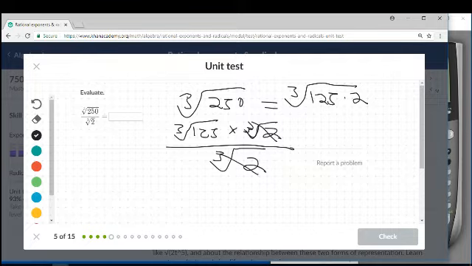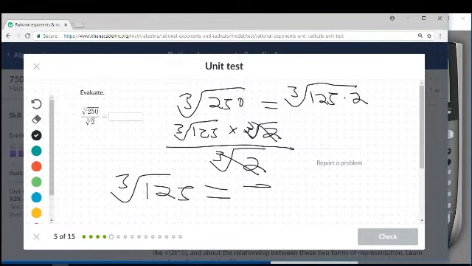The cube root of 2 cancels out, and the cube root of 125 is equal to 5. Because 5 times 5 is 25, times 5 is 125.